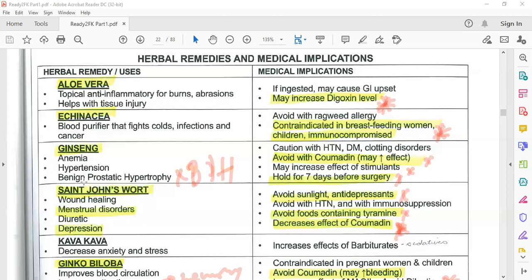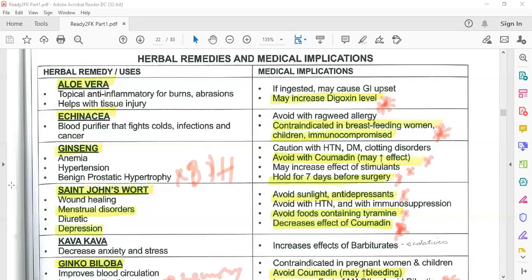So here it is very important. Ginseng root is used to improve immune function and also acts on the central nervous system, which will stimulate an energetic response.